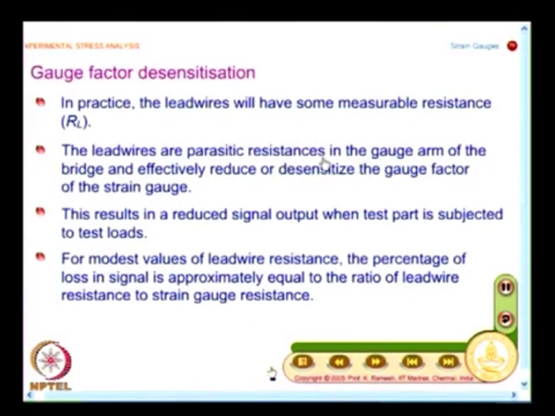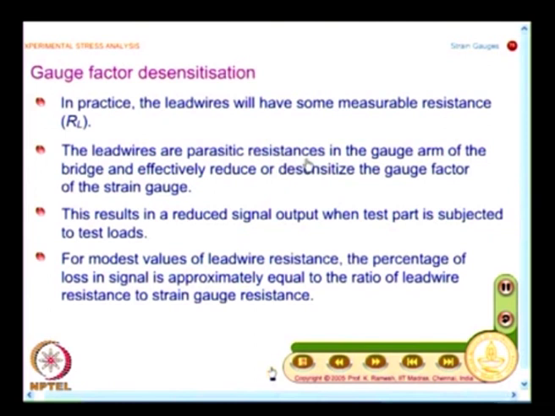That is what we use as a strain gauge foil alloy. But for the lead wire resistance, we will take a high quality copper wire which has the least resistance. Ideally, I want to have no resistance for the lead wire, but in practice you will have some resistance for the lead wire, and lead wire resistance is considered as a parasitic resistance.